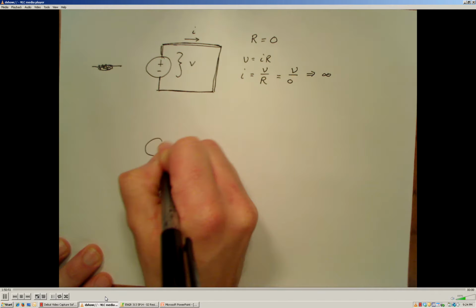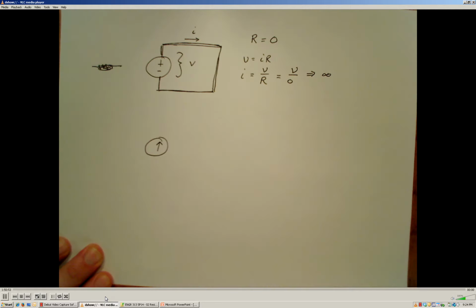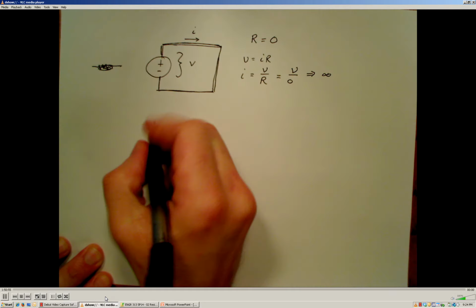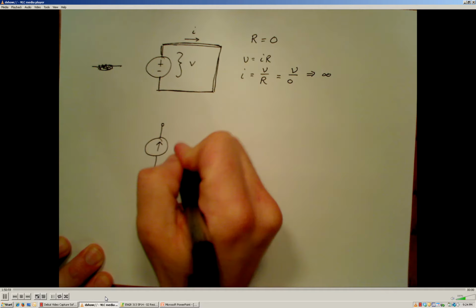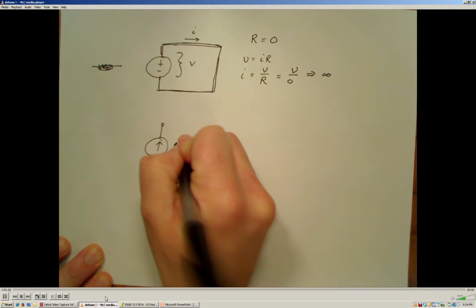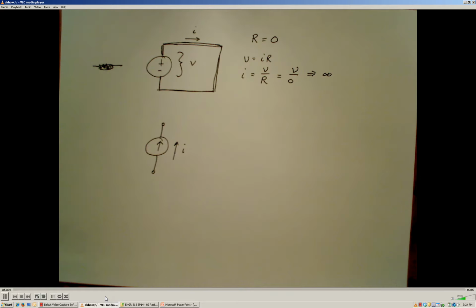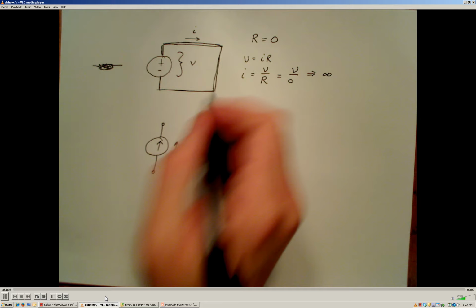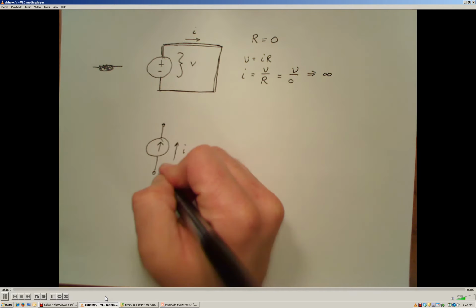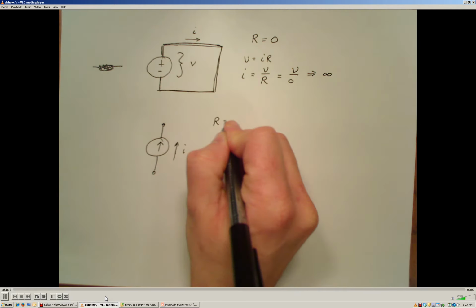For the ideal current supply, we run into a similar issue with an open circuit. Remember that an ideal current supply is going to provide a motion of positive charges in the direction that the arrow states. Now that we have an open circuit, our resistance is nearly infinite.